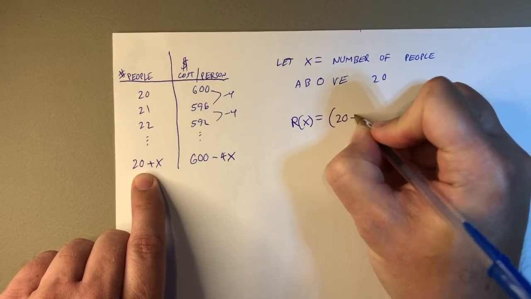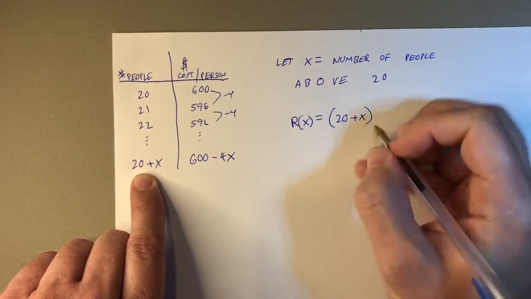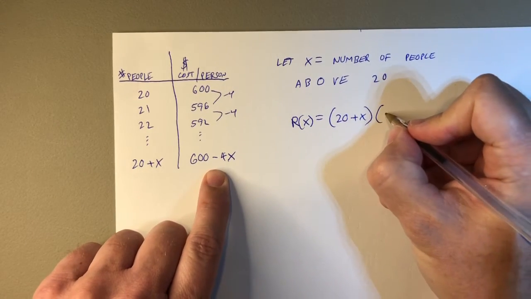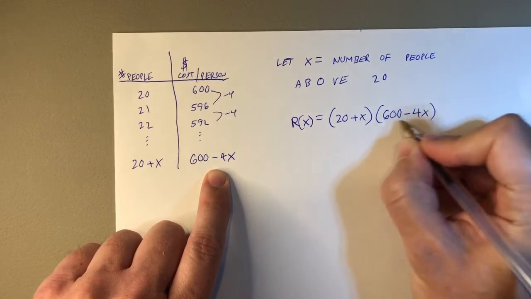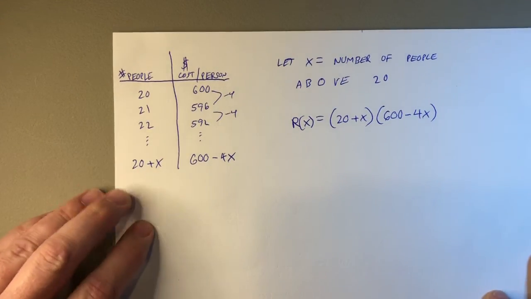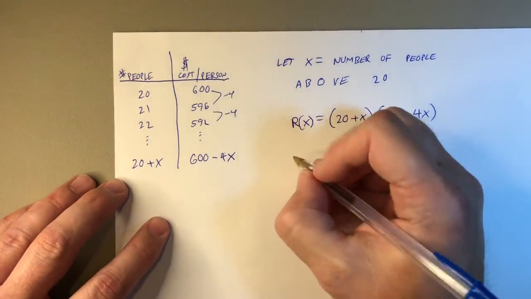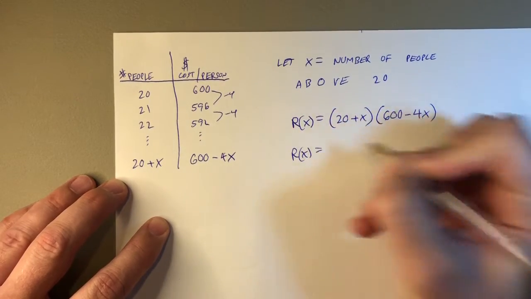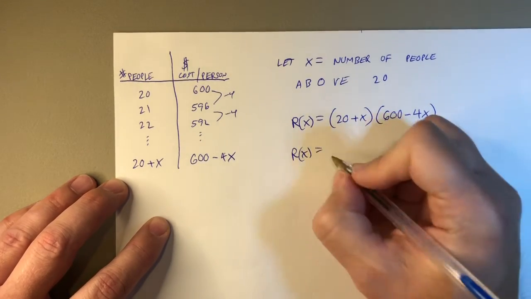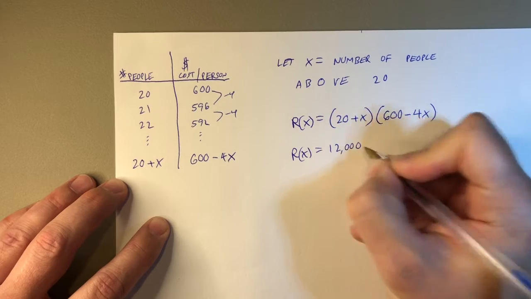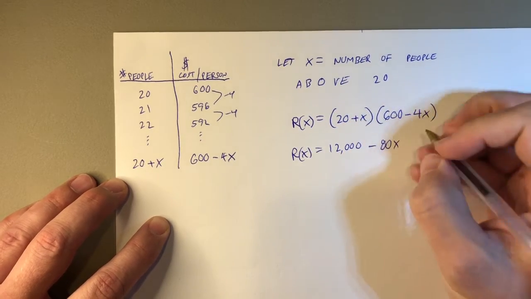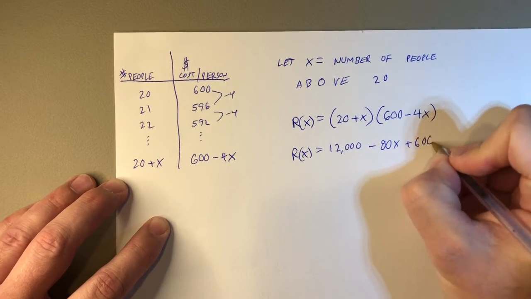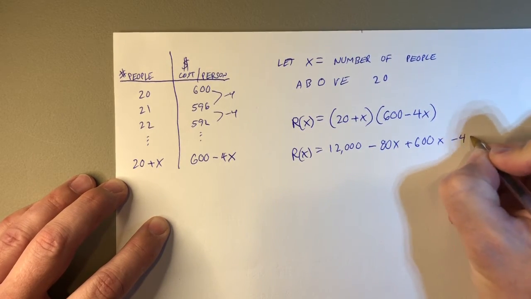The expression in terms of X, which represents the number of people, times the other expression also in terms of X, which is equal to the cost per person. All right, so we could now, if we wanted to, multiply this out. And what would we get here? Let's see, 12,000. I'm FOILing now. Minus 80x plus 600x minus 4x squared.